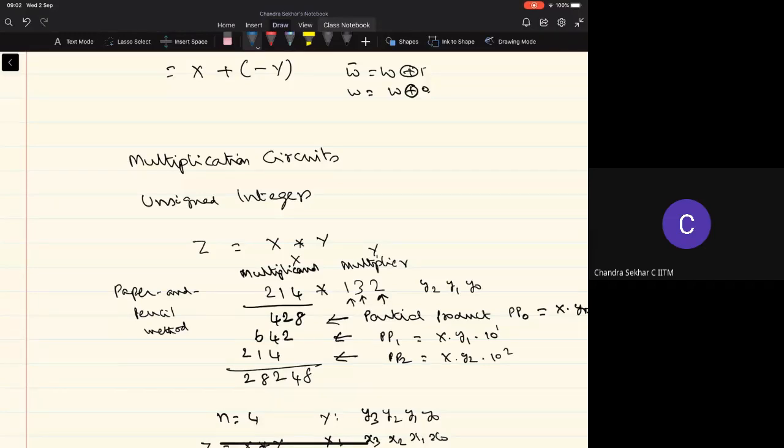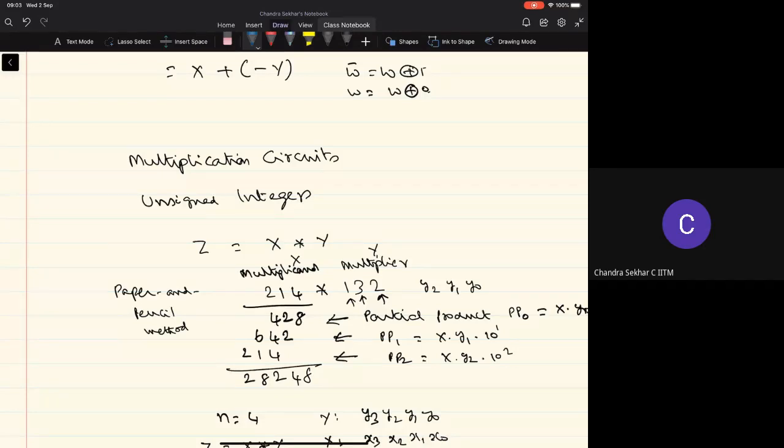The reason is that the circuit that needs to be used to compute the product is going to be different, because the way the operations are to be carried out on the bit representations of the operands are completely different for the unsigned integers and the signed integers. So that's what we should keep in mind. And first we'll discuss it for the unsigned integers, then we'll do it for the signed integers.